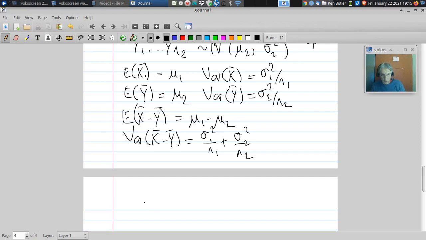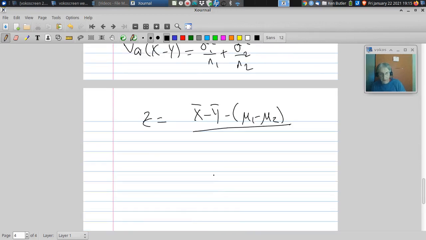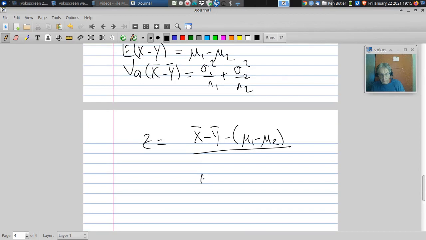We'll call this one z as well: x bar minus y bar minus its mean, divided by its standard deviation, the square root of sigma 1 squared over n1 plus sigma 2 squared over n2. So that thing is going to be standard normal.